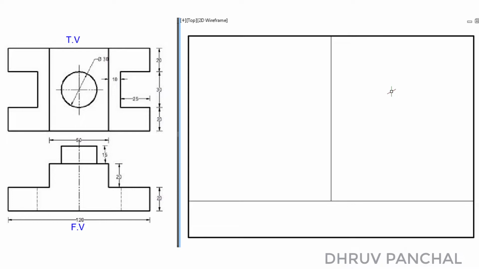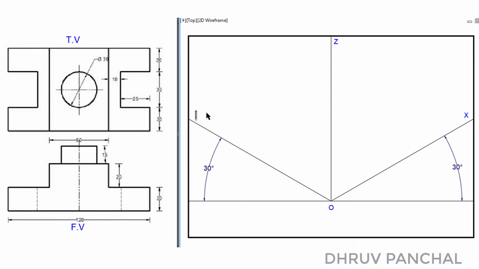Name the intersecting point by point O, and name the endpoint of that line by point Z. Now, with the help of a protractor, from point O, draw a line of any length at an angle of 30 degrees and name the endpoint of that line by point X. Similarly, from point O, draw a line of any length at an angle of 30 degrees and name the endpoint of that line by point Y.